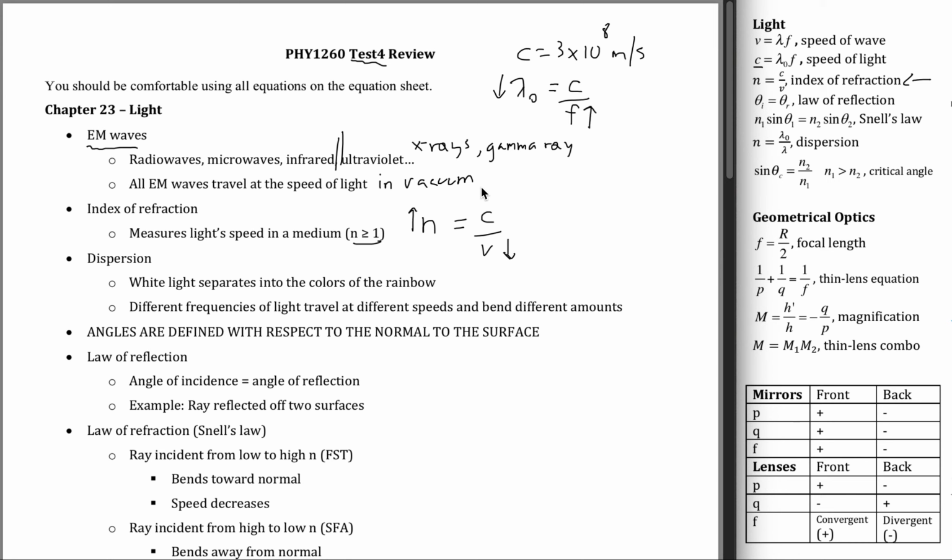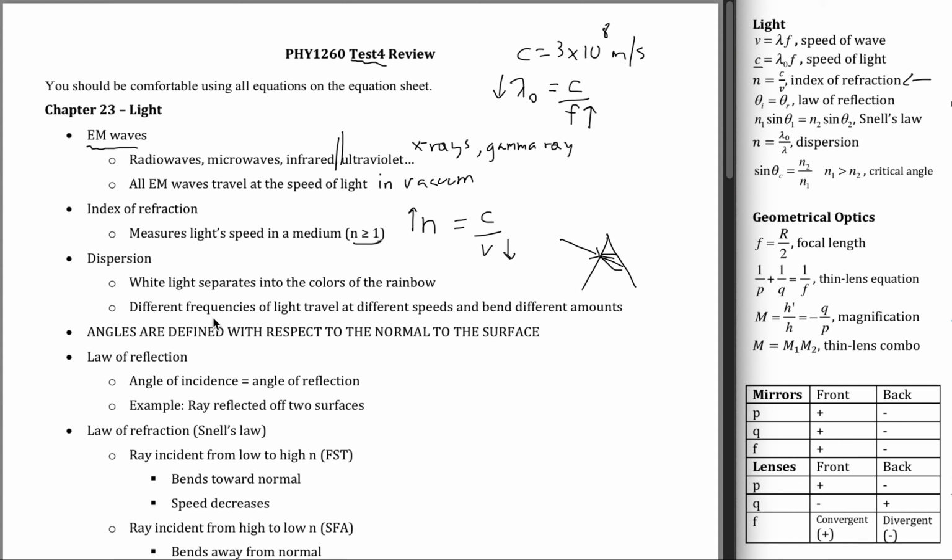The next thing is dispersion. So we saw that light separates into the different colors of the rainbow. And we didn't go into a whole bunch of details, but basically when you have your white light that hits your prism, your different colors of light travel at different speeds, and that makes them bend different amounts.